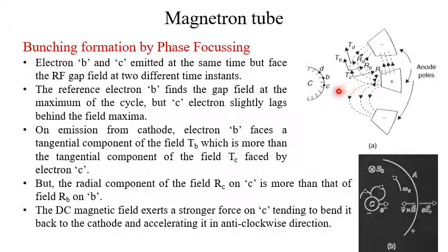Now on emission from cathode, electron B faces a tangential component TB, which is more than the tangential component of the field TC faced by electron C. But the radial component of the field RC, this one, is more than that of the radial component RB on the B electron. So RC is more compared to RB.